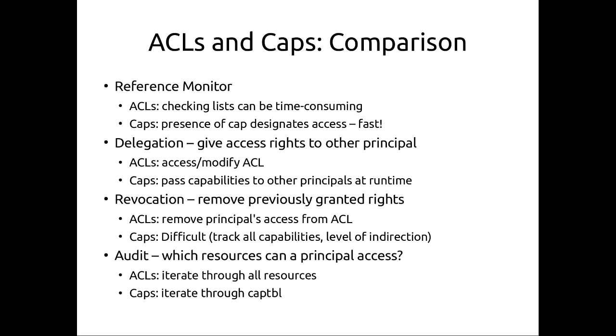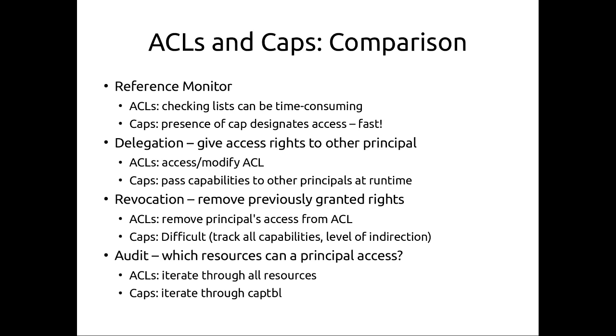For capability tables, however, it's a little bit more complicated. When you delegate a resource to another principal, you're adding a reference to it, a capability to it, in their capability table. When they delegate it, it does the same for another principal. You essentially need to track all of these delegations as a tree of delegations, so that when you revoke access at a certain point, this principal says, I want to remove that principal's access to this resource, which means also that you want to remove all of the recursive or transitive delegations that were made.